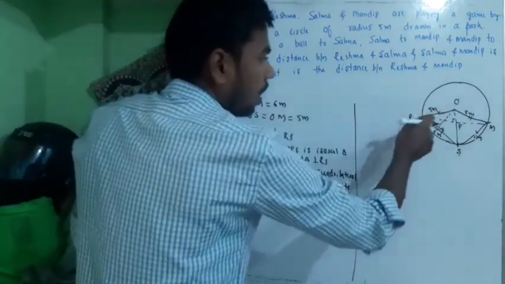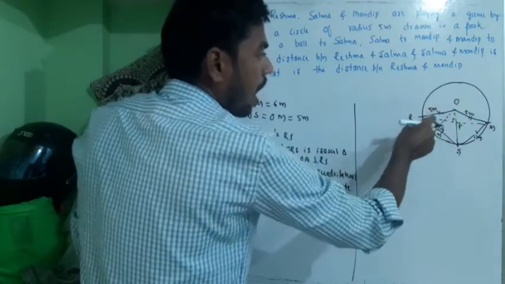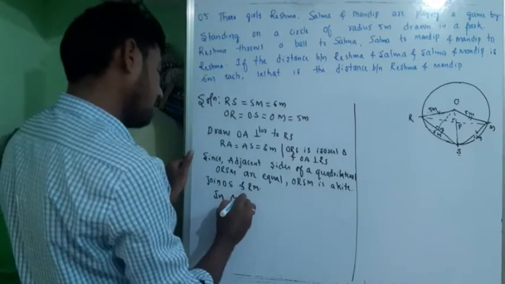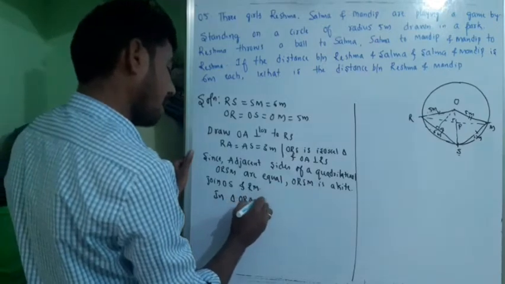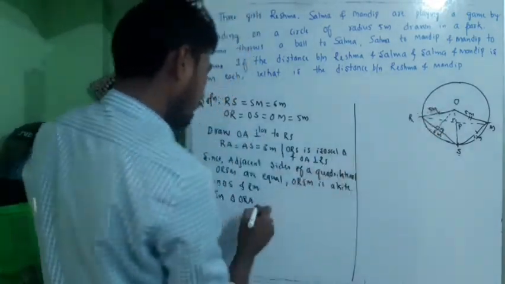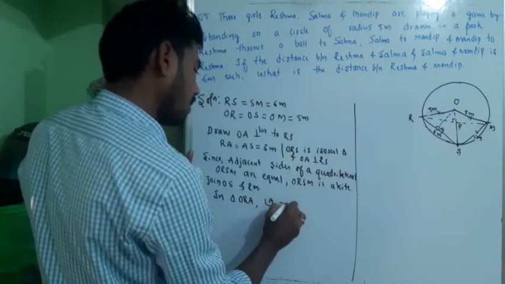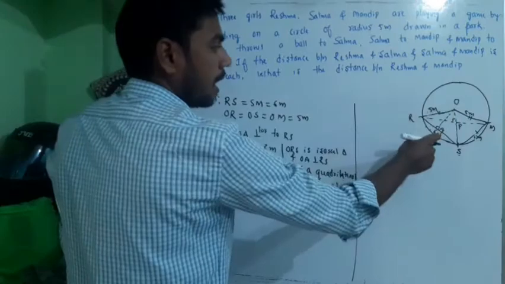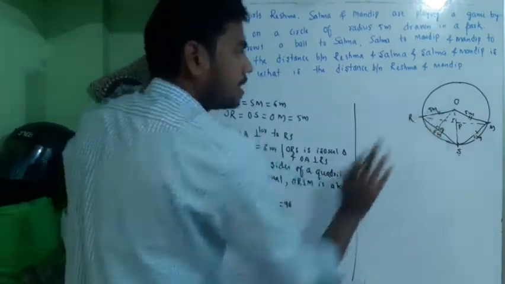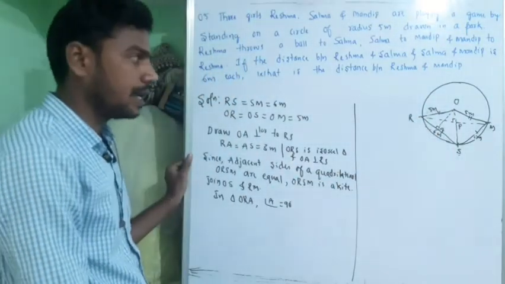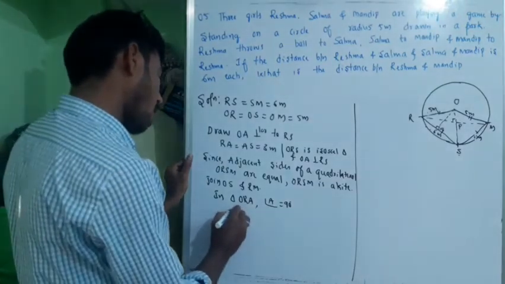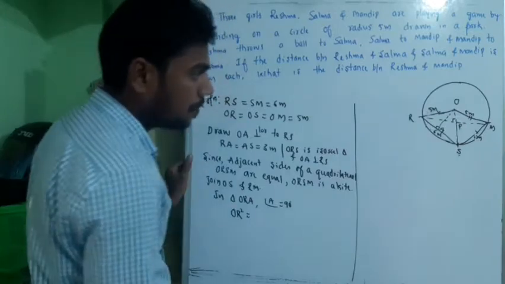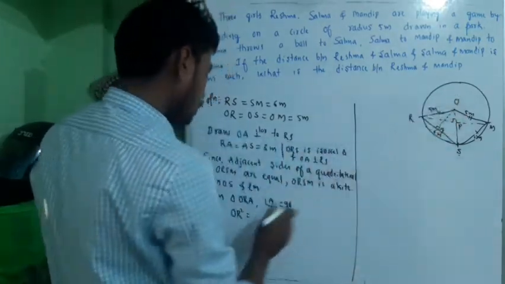Now, in triangle ORA, angle A is equal to 90 degree. Can we apply Pythagoras theorem? So OR square is equal to RA square plus OA square.